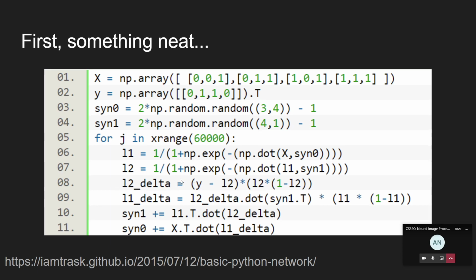It's merged the layer 2 error and layer 2 delta calculation here, but you can get these deltas, and then they change the weights by adding to them, adding the dot product of your inputs to each of those layers with the deltas. So this is basically it. This is the whole neural network right here. And with this, it can learn to recognize these different number patterns that it has put in.